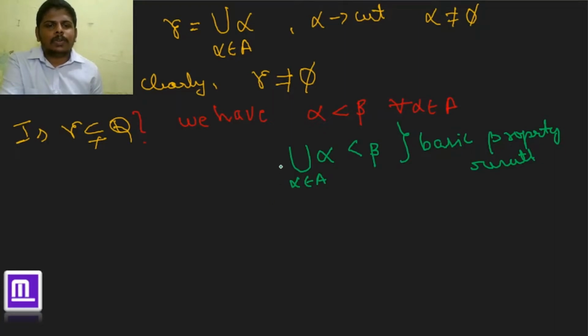I won't tell you everything regarding this, but this is also very clear. So what is the union of all alphas? It is this. This is gamma, right?